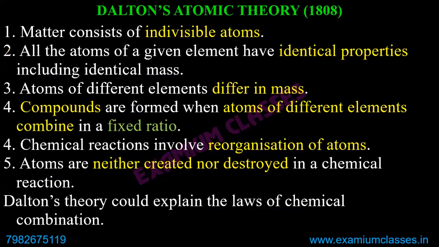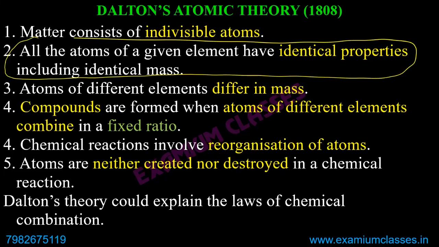Second point, Dalton said all the atoms of a given element have identical properties, including identical mass. However, for isotopes, it is different. The atomic mass is different. Carbon 12, atomic mass 12 units, carbon 14, atomic mass 14 u.